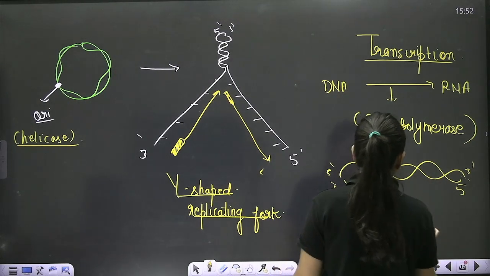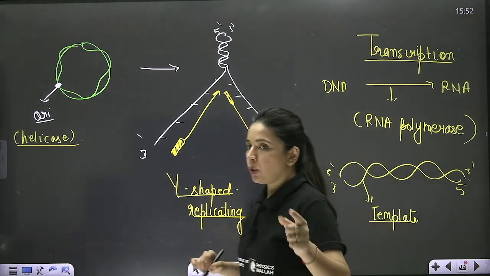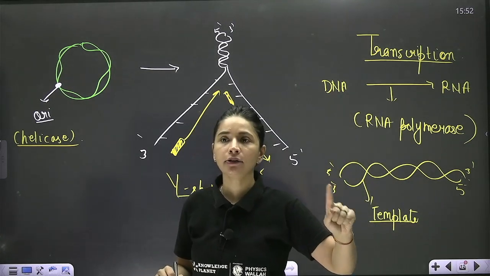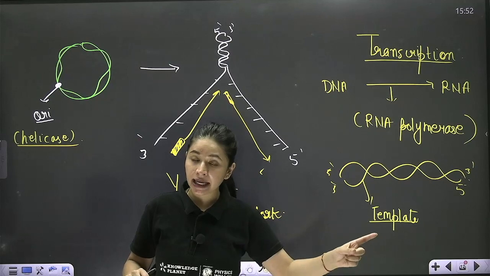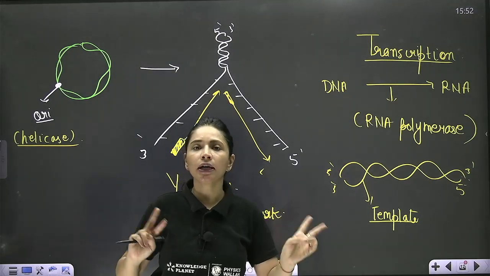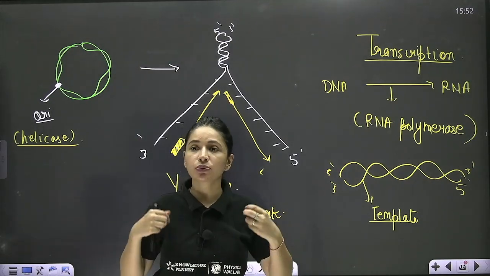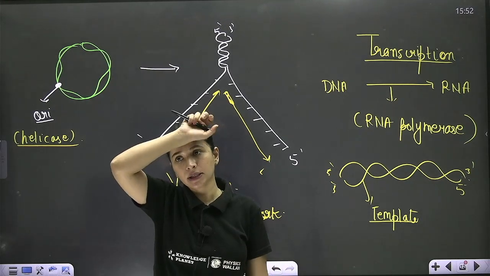That means out of the 2 strands of DNA, only one participates in transcription, whereas in replication, both strands participated. This is one more information to keep in mind.